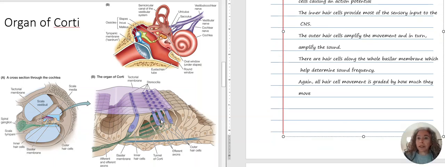The role of these outer hair cells is to amplify that movement, and then that inner hair cell is the one that's going to provide most of that sensory input to the central nervous system. And you can see here these afferent and efferent axons coming to and going from the central nervous system.